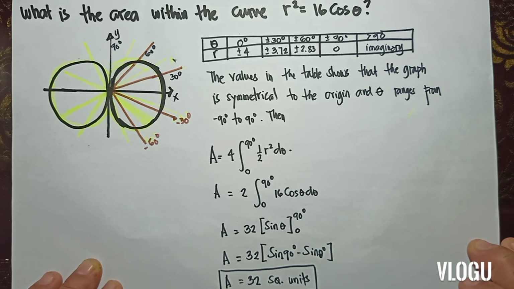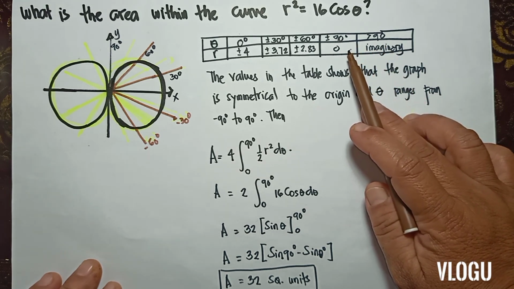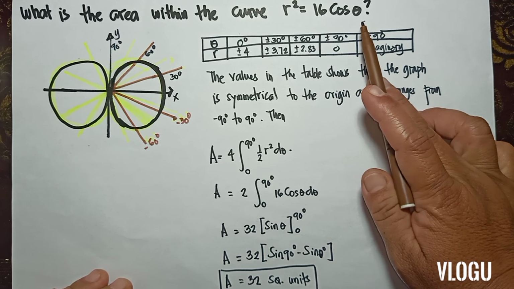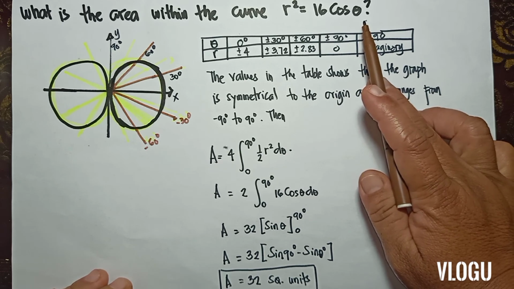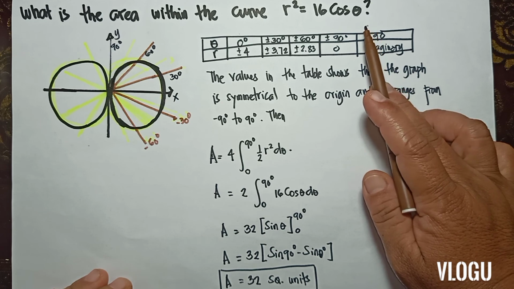The next example, what is the area within the curve r squared is equal to 16 cosine theta? Okay, we will look for when you will have an answer of 0. So cosine 0, that is 1. So therefore cosine 90, you will have 0.